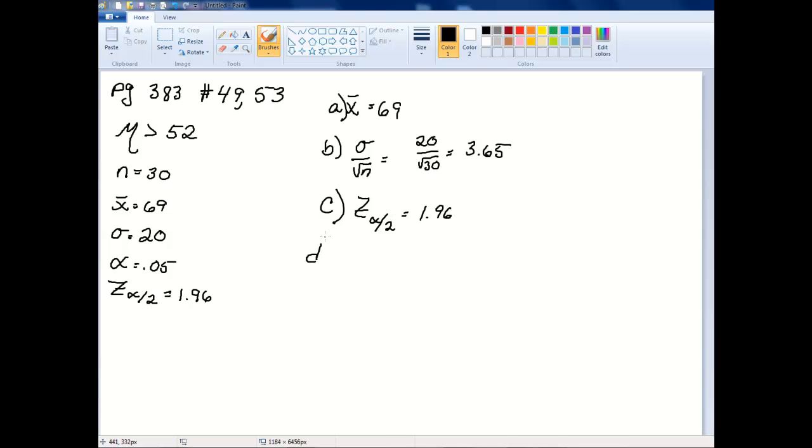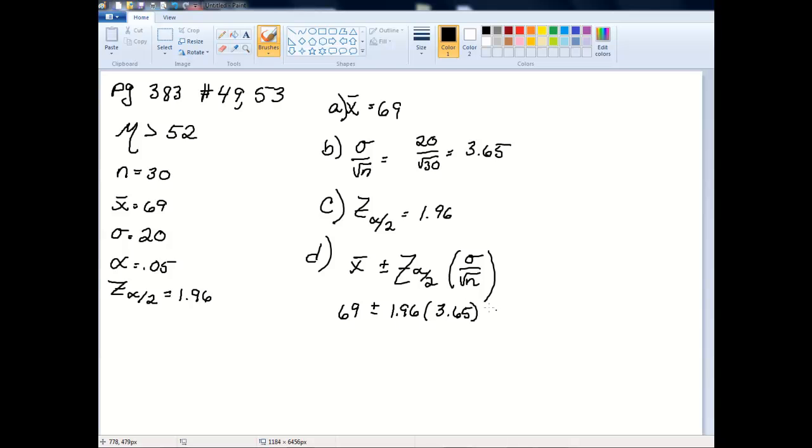And D is asking us to construct a confidence interval. So that's x bar plus or minus Z alpha over 2 times the standard deviation over the square root of n. So now we just plug in numbers. Our x bar is 69, our Z is 1.96, and this value is 3.65.